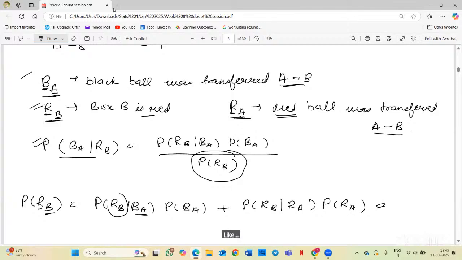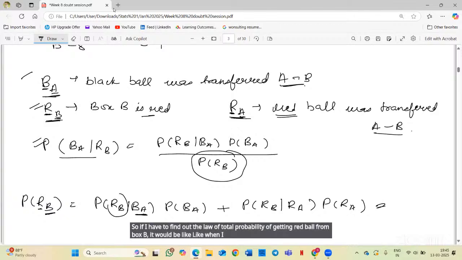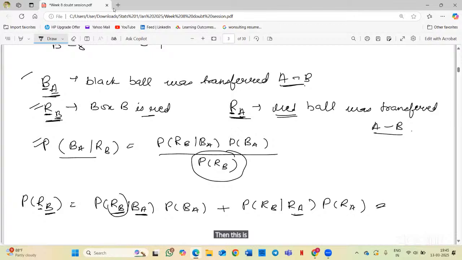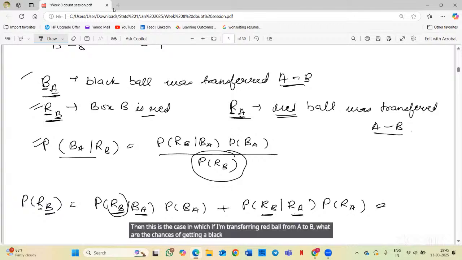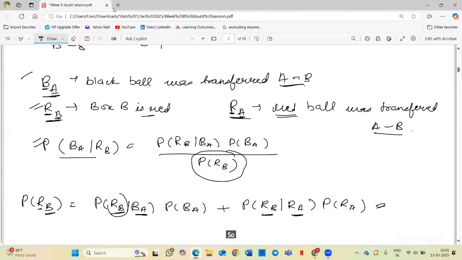So if I have to find the law of total probability of getting a red ball from box B, it would be: when I'm transferring a black ball from A to B, what are the chances of getting a red ball? And in the other case, if I'm transferring a red ball from A to B, what are the chances of getting a red ball? So these are the two cases.